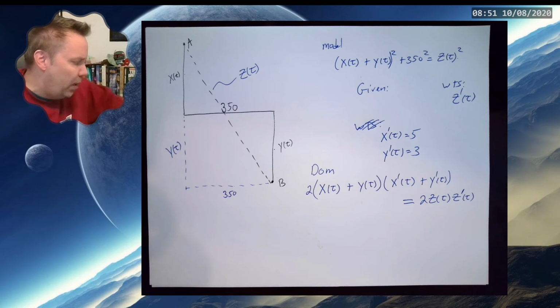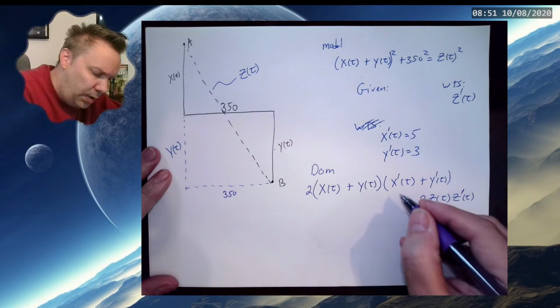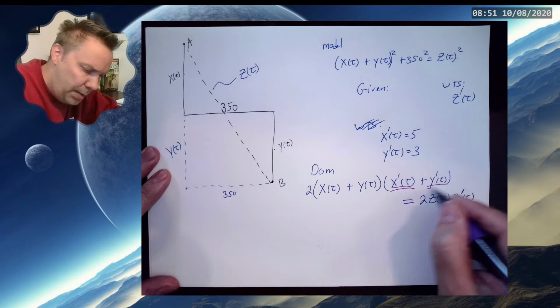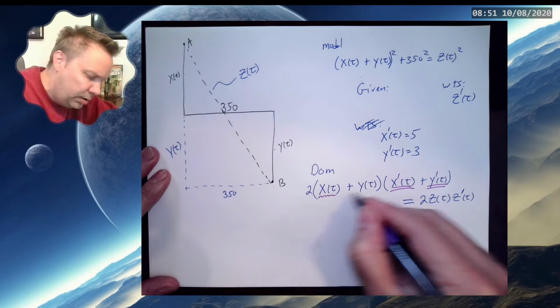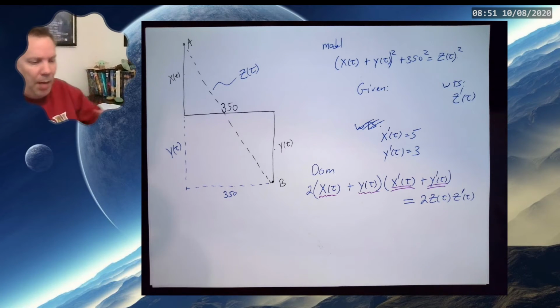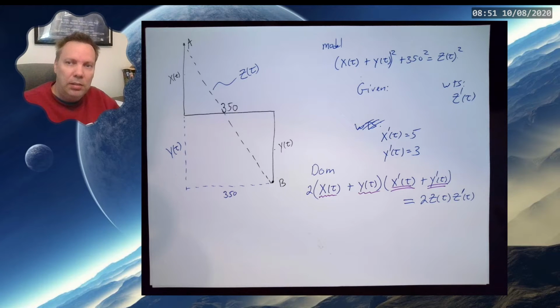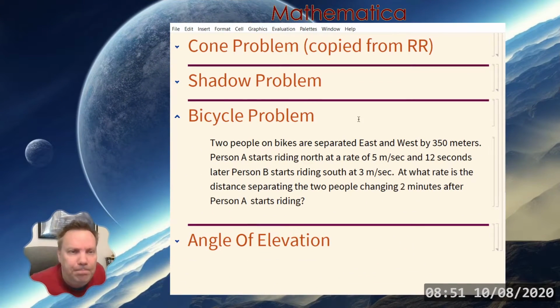So what are the things that we know in this problem? Well, we know x prime, we know y prime, that's given right from here. But we do not know x and y. But in the problem, it tells us something about when things start. So let's read it again.